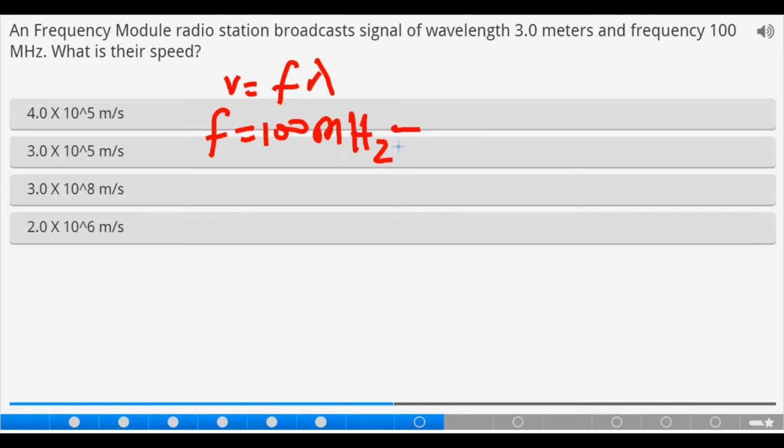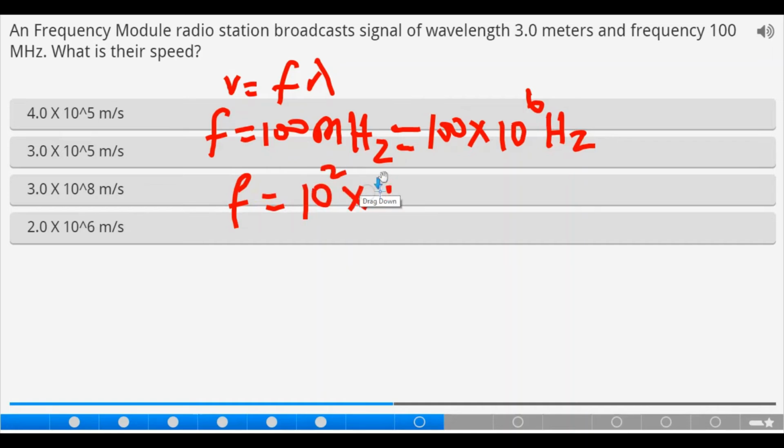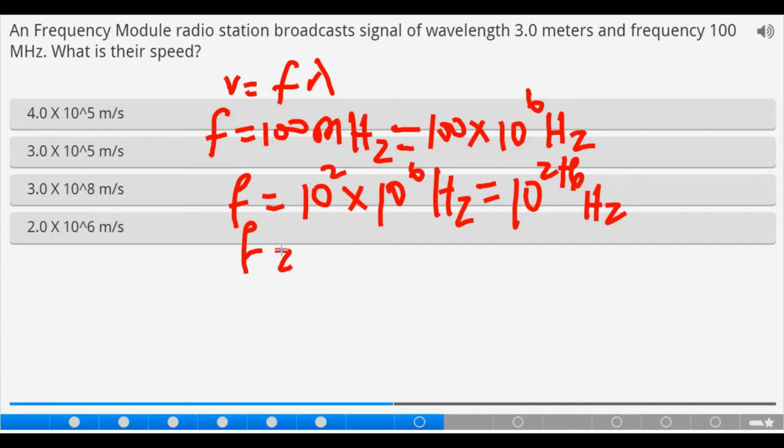Mega in standard form is 10 raised to the power 6. So you have 100 times 10 raised to the power 6 hertz. Don't forget that 100 in itself is 10 raised to the power 2, times 10 raised to the power 6 hertz. By the law of indices, that's 10 raised to the power 2 plus 6, which gives us 10 raised to the power 8 hertz.